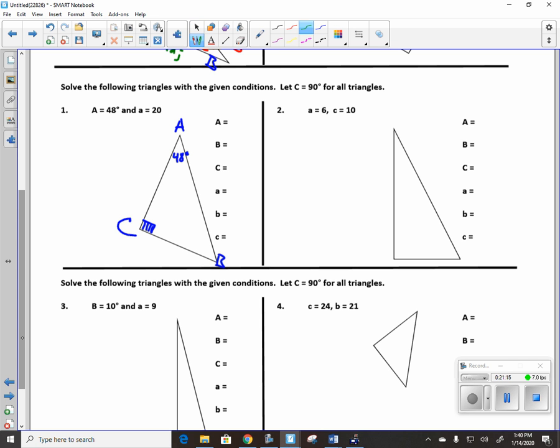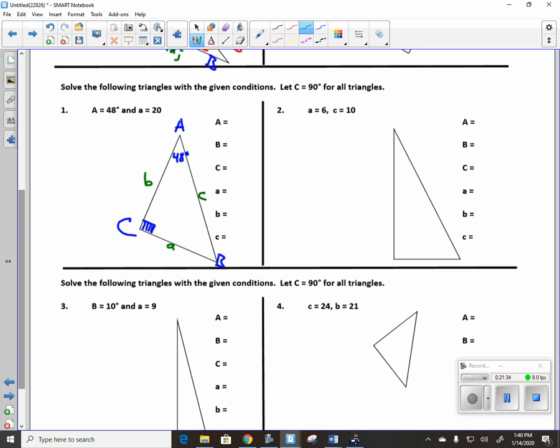So, how about my letters then? Where do they go? What's this one here? B. This is A. This is C.